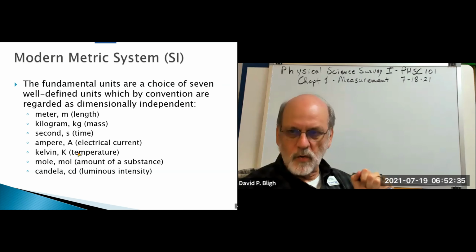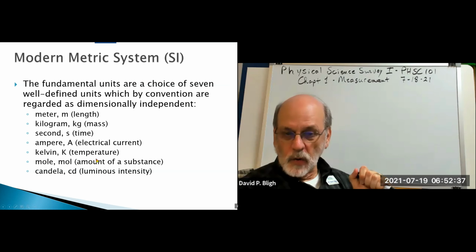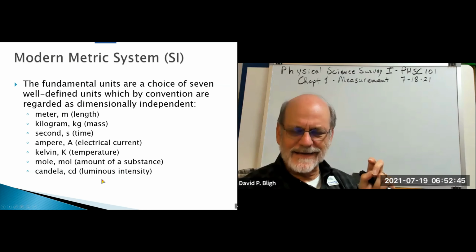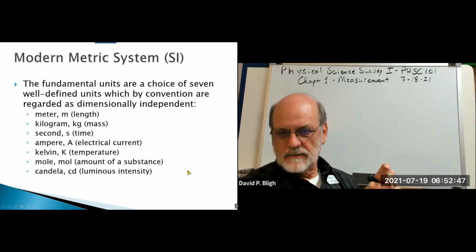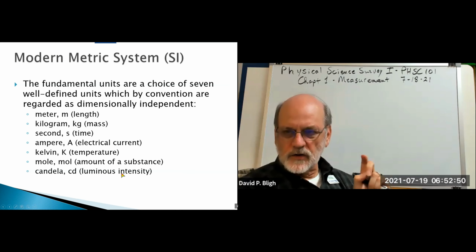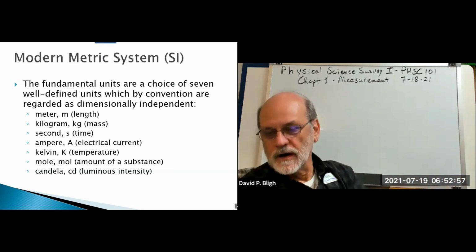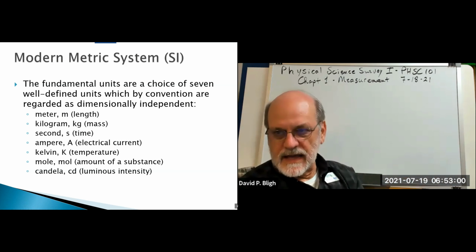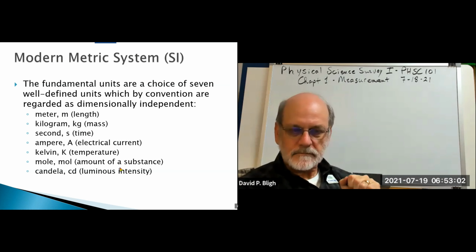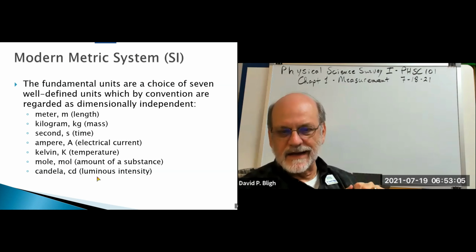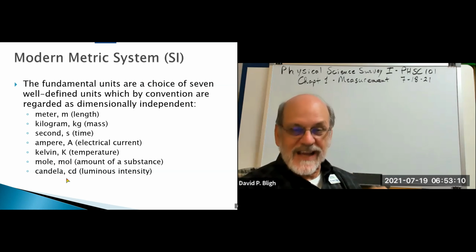So we'll talk about that one more in the second semester. Also the mole, the amount of a substance, chemistry. So stay tuned for the second semester. And then this one, the candela, luminous intensity. We reference luminosity when we get to astronomy, like how luminous is the star, or how much light is reflected by a moon or a planet. But this is the standard of measurement, the candela. There are other derived units that are more commonly used, but this is the standard.